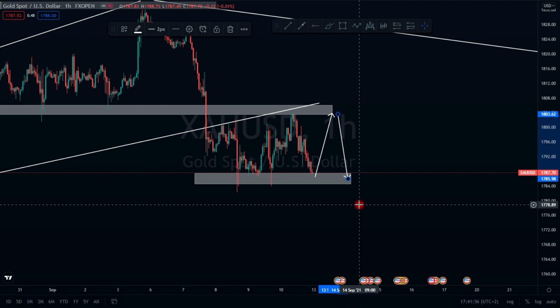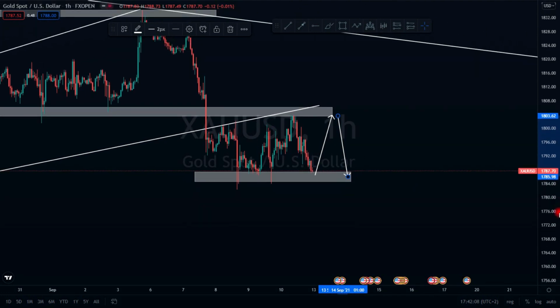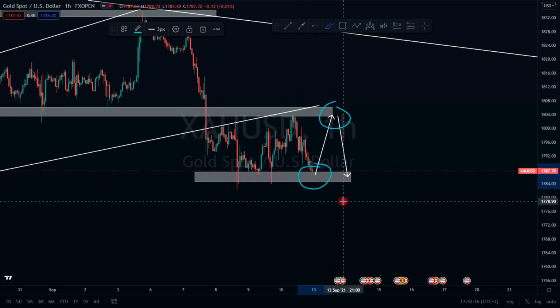up until I get a clear breakout. Once I get a very bullish, very impulsive breakout, that's when I know where the direction will be heading to. We are expecting a breakout to the downside, of course, so our entries at this point will be risky.